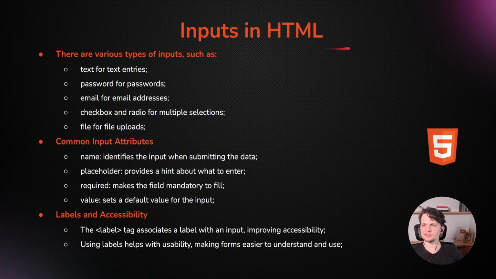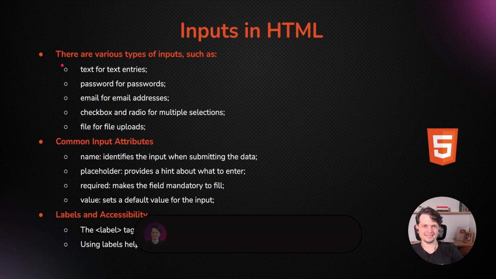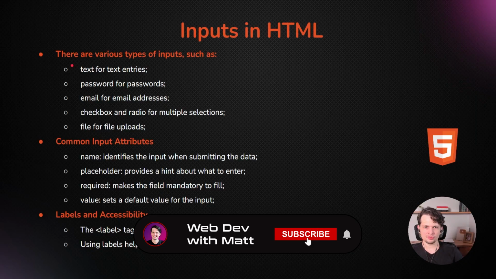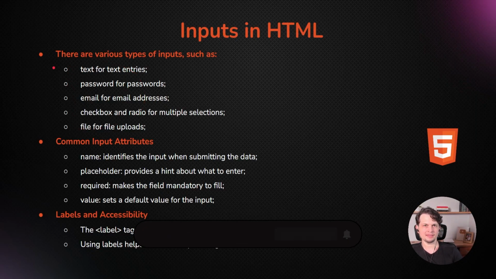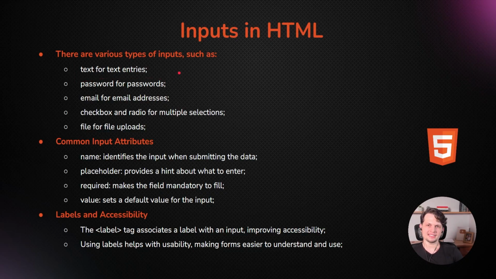So, inputs in HTML. There are various types of inputs such as text. So, we have the input tag and we configure the type attribute to these values here, and we can have different inputs, okay? Text for text entries, password for passwords, email for email addresses, checkbox and radio for multiple selections, file for file uploads.